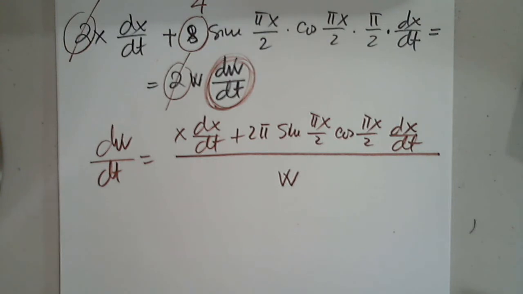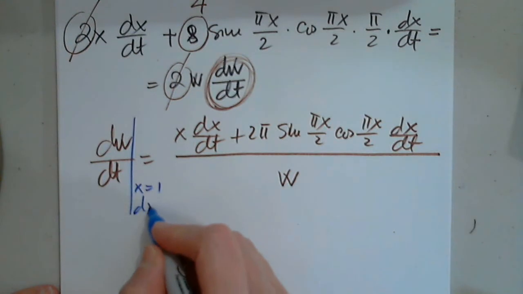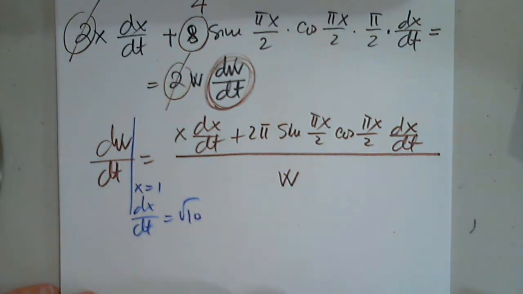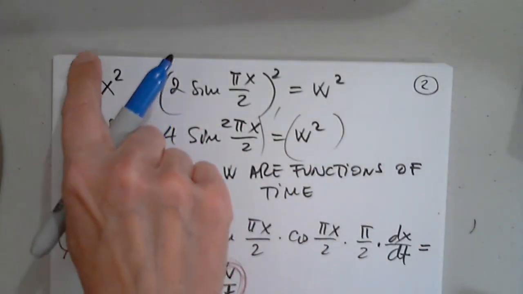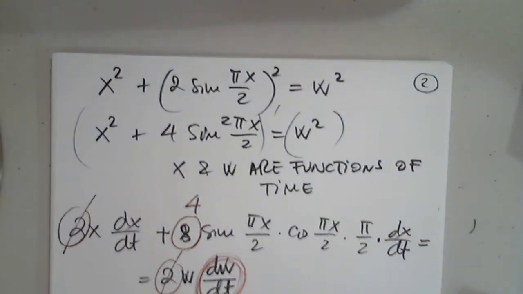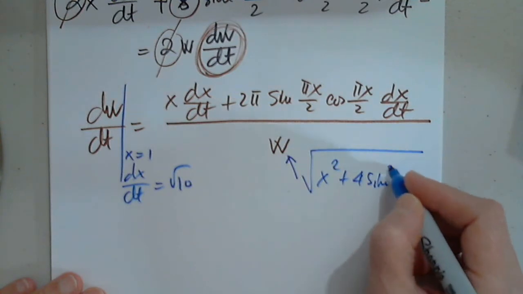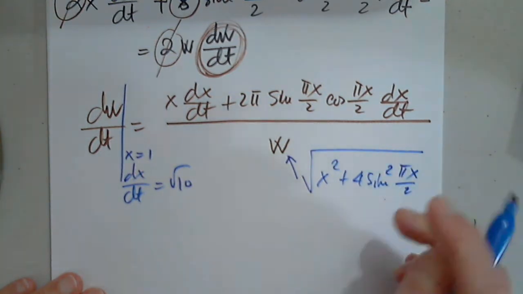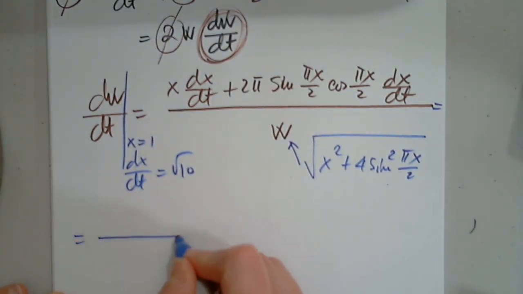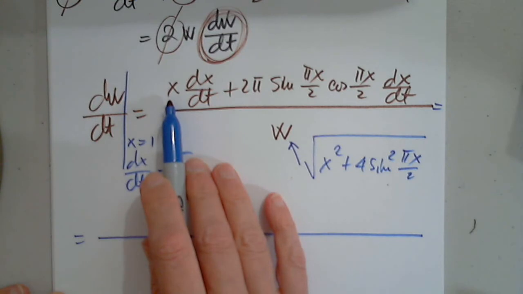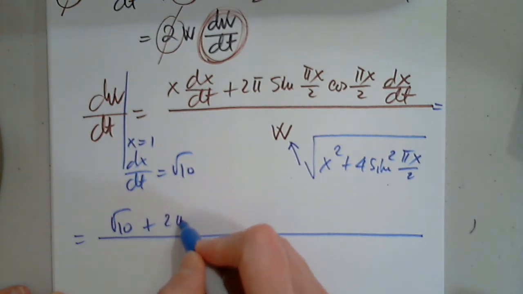So now it's done, because I need to just plug in x equals 1 and dx over dt equals the square root of 10. This, of course, has to come from here. I have to put the square root on all this, so w will be the square root of x squared plus 4 sine squared pi x over 2. So now let's see what we get. x is 1, that's nice. dx over dt is the square root of 10 plus 2 pi.